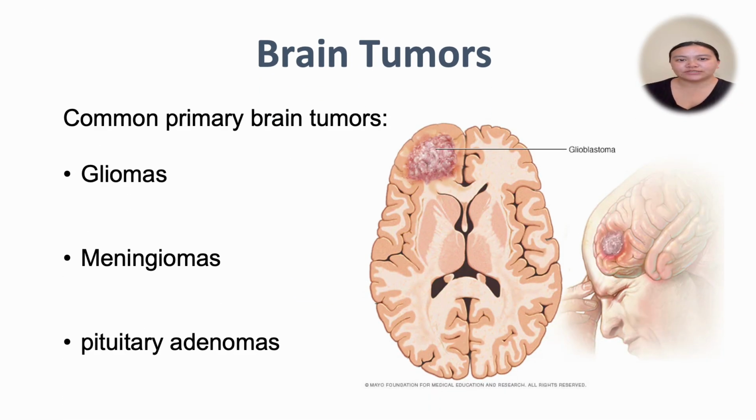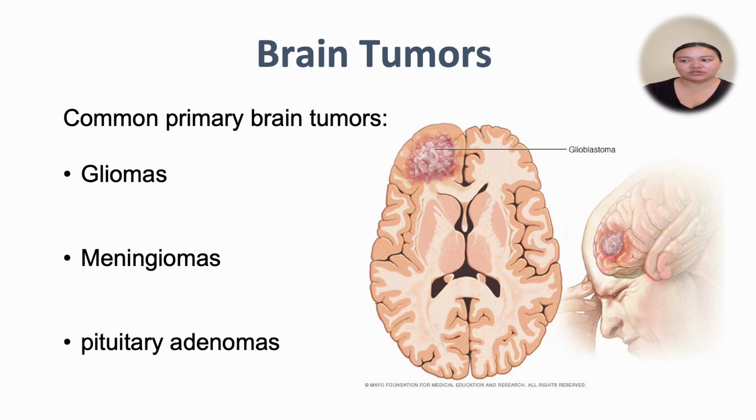Brain tumors are typically named after the cells where they originate from. Some common types of brain tumors include gliomas, meningiomas, and pituitary adenomas. Gliomas arise from the glial cells I mentioned earlier. So an astrocytoma is a tumor that arises from the astrocytes.